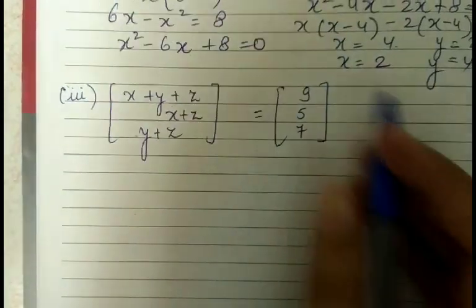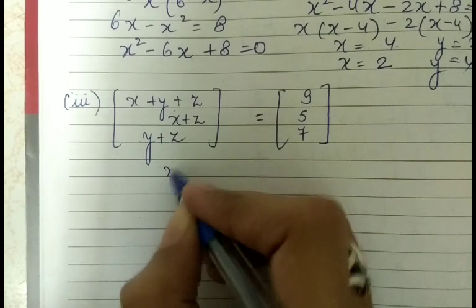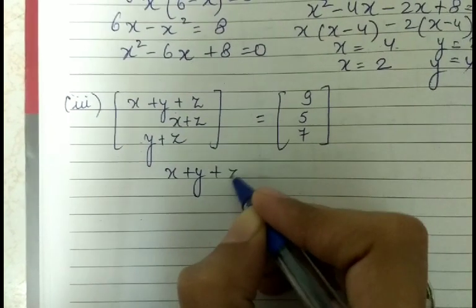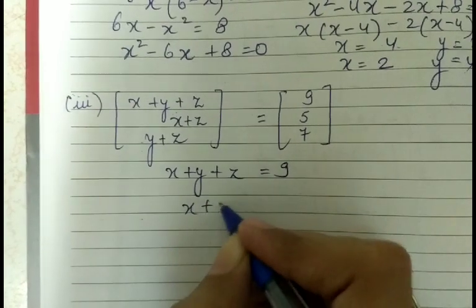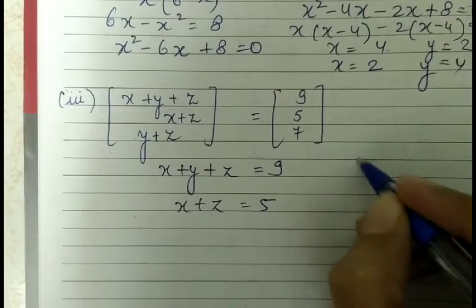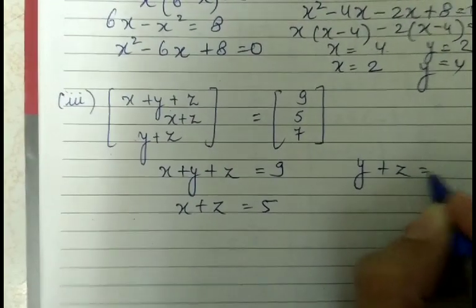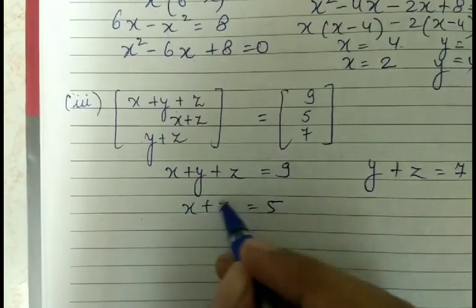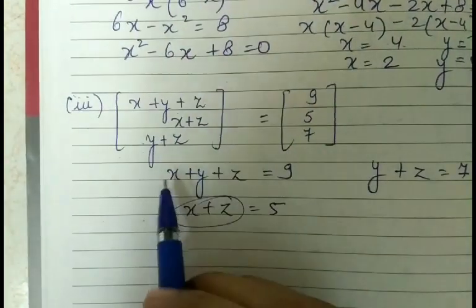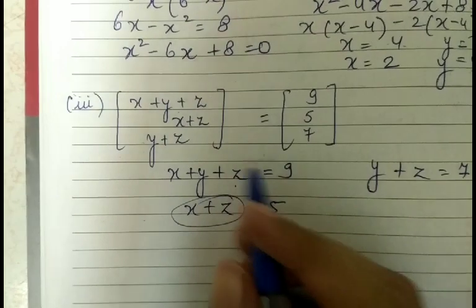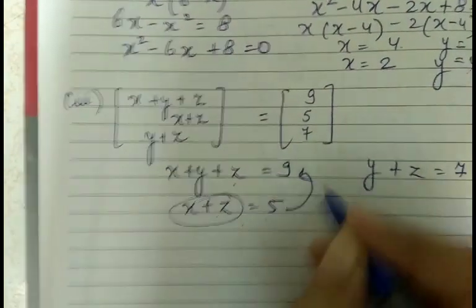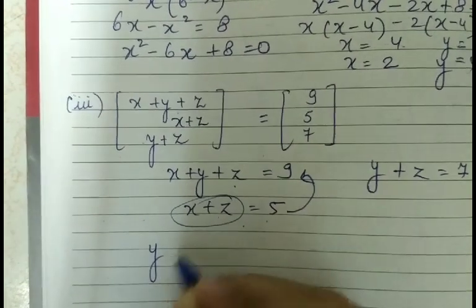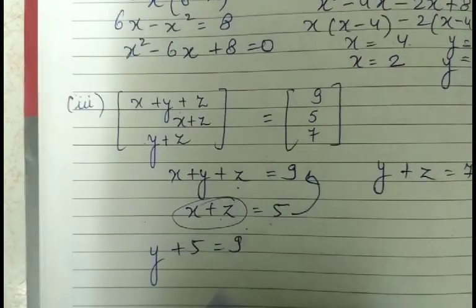Similarly, in the next question, x plus y plus z equals to 9. Then x plus z equals to 5 and y plus z is equals to 7. Put the value of x plus z. Here also x plus z. Put here 5. X plus z is equals to 5. Put this value of equation in this. So we can write here y plus 5 equals to 9.